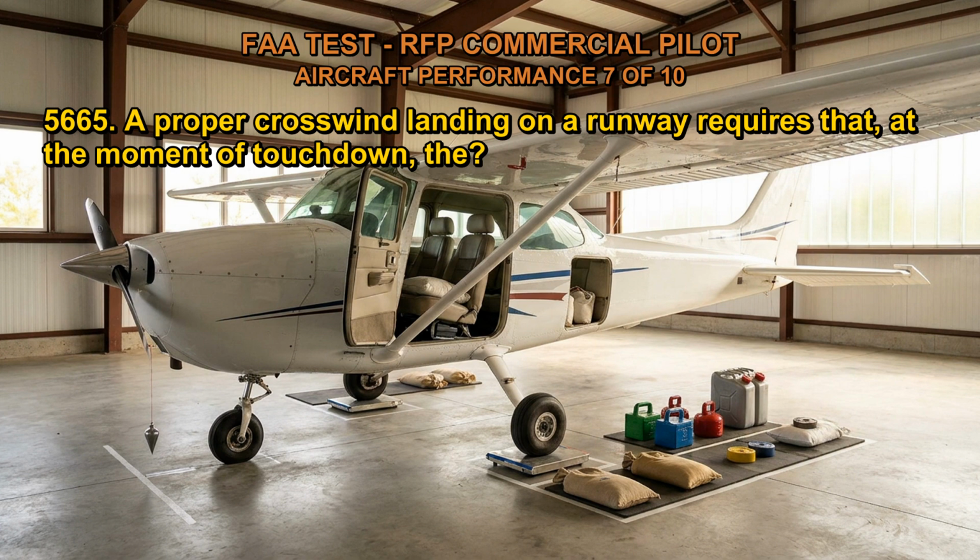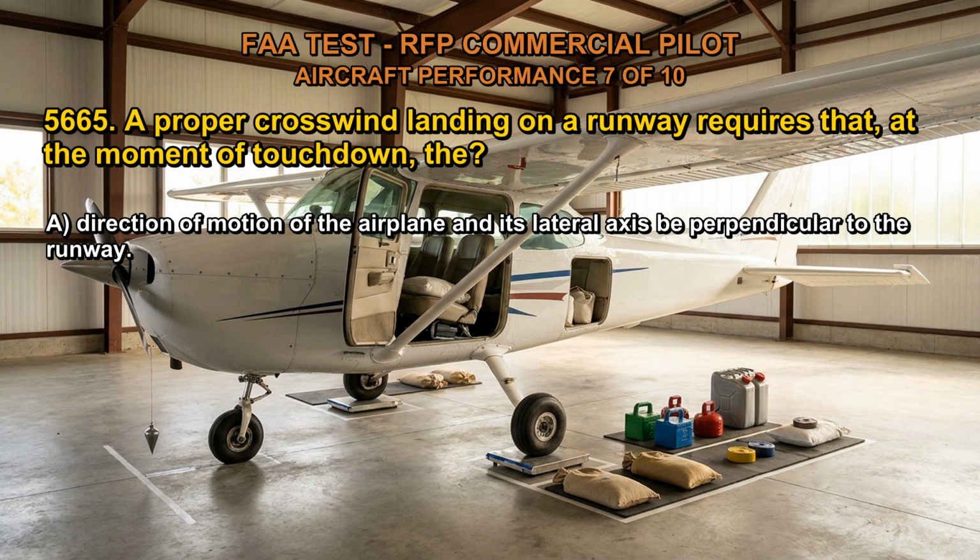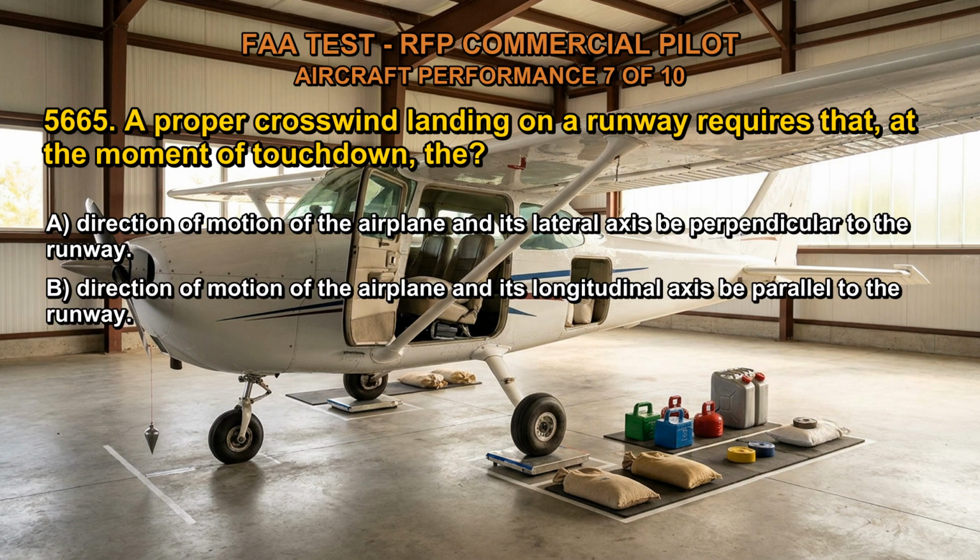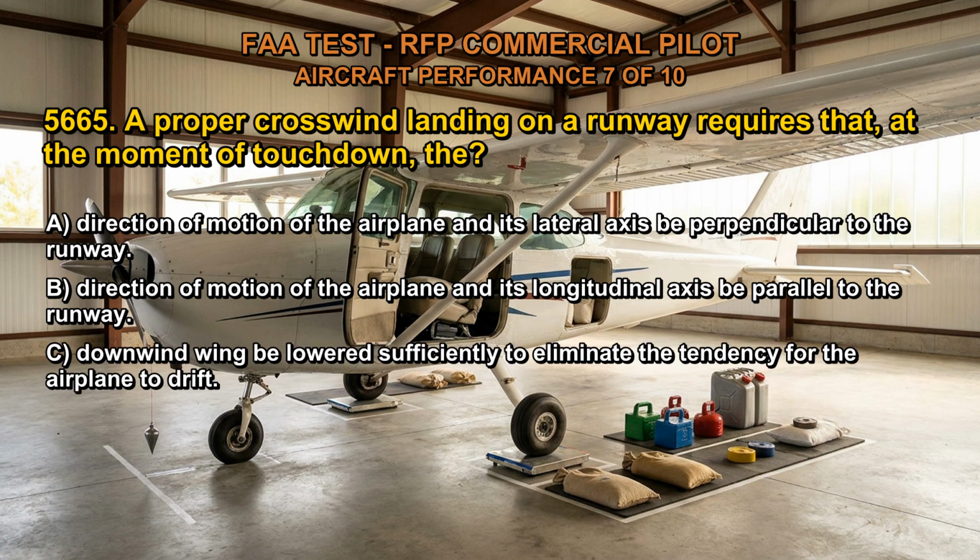5665. A proper crosswind landing on a runway requires that, at the moment of touchdown, the A. Direction of motion of the airplane and its lateral axis be perpendicular to the runway. B. Direction of motion of the airplane and its longitudinal axis be parallel to the runway. C. Downwind wing be lowered sufficiently to eliminate the tendency for the airplane to drift.